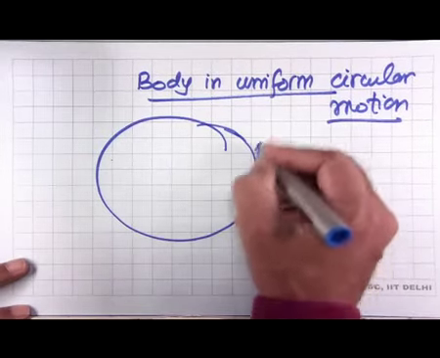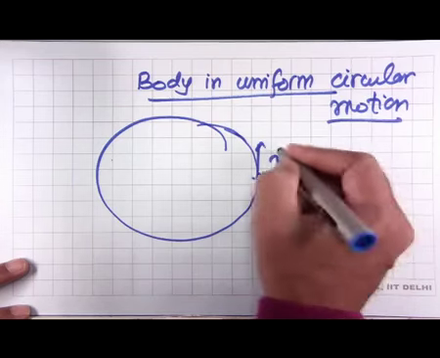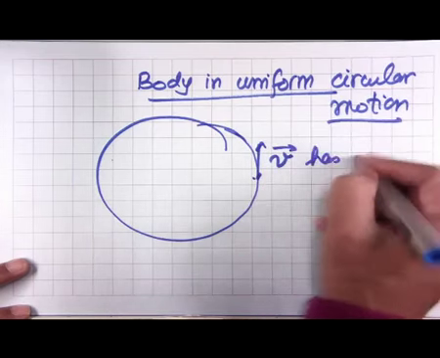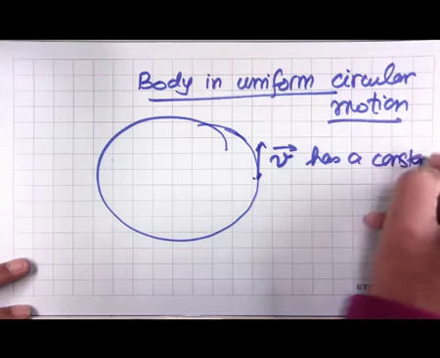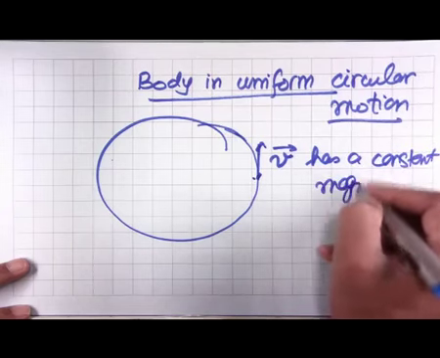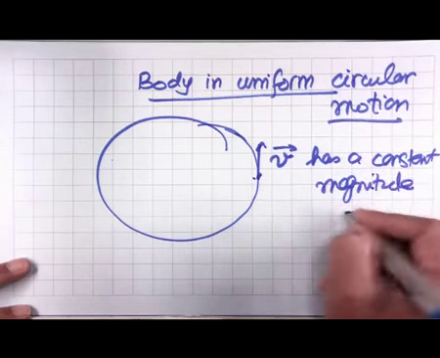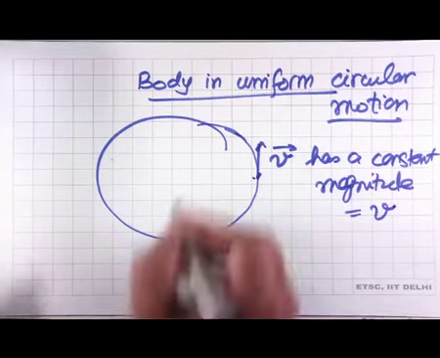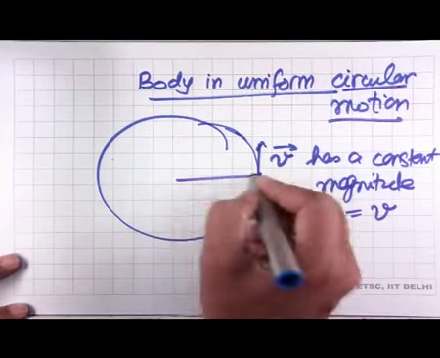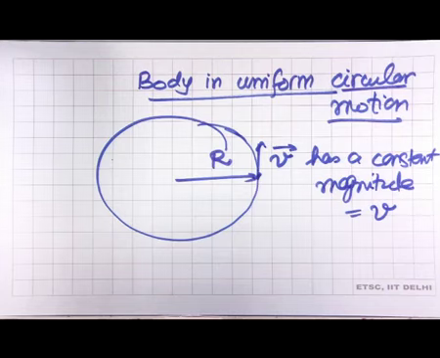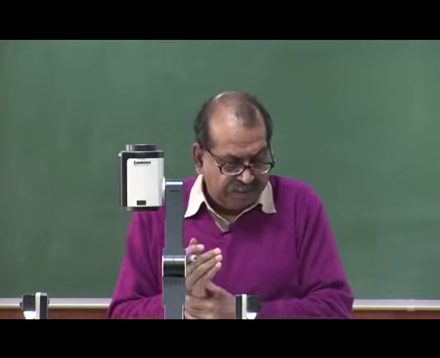Uniform motion means the velocity v has a constant magnitude, which we can write as v, and it is circular motion, that means it is moving in a path which is circular. Let the radius of the path be r.